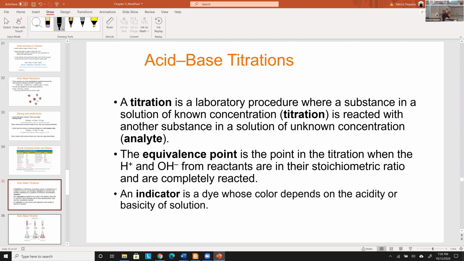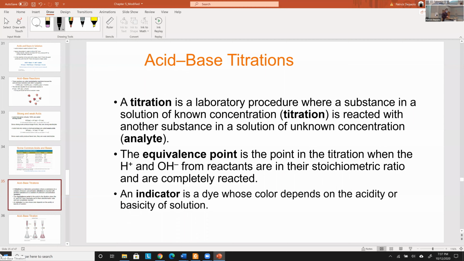That point is called the equivalence point. Since I added X amount of my known base, using the equation and stoichiometry, I can figure out how many moles of the acid are in there. And since I know the moles and the liters, I can divide those two and figure out the molarity, the concentration.